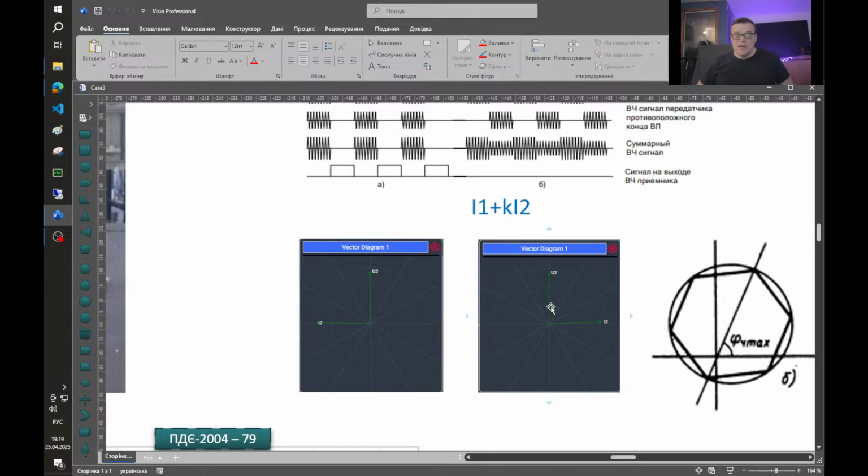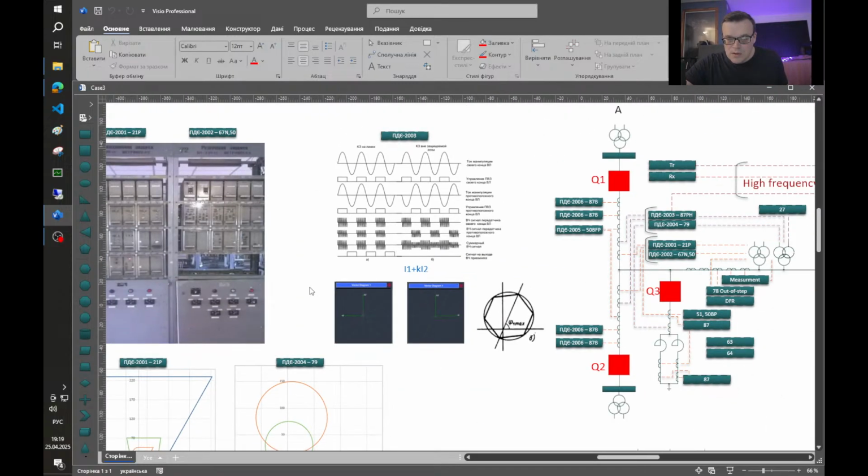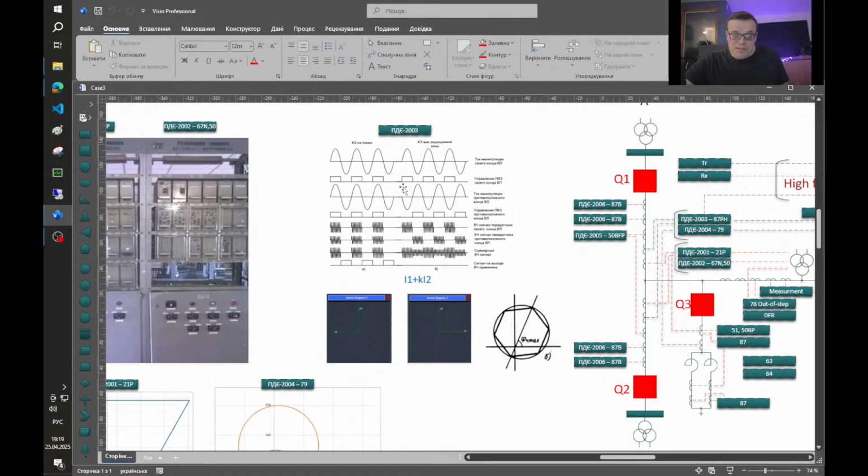And the main feature of this protection is that it usually trips through this 2004 panel that has its own phase selectors, and it trips single phase, and during the single phase AR cycle, this PDA 2003 switches into phase differential protection. And after the end of the cycle, it switches back to normal condition.